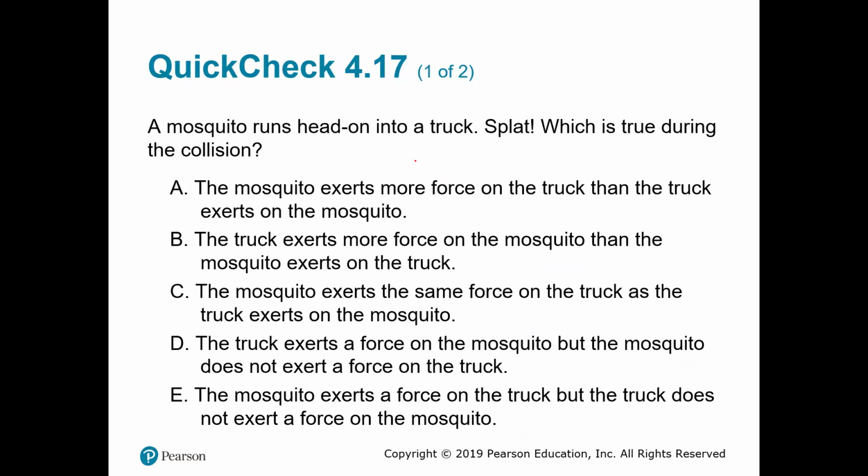And the same thing, you have a truck, and then you have a tiny mosquito, and they hit each other, right? So the mosquito applies force on the truck, and at the same time the truck applies the same amount of force on the mosquito. Magnitude the same, direction opposite.